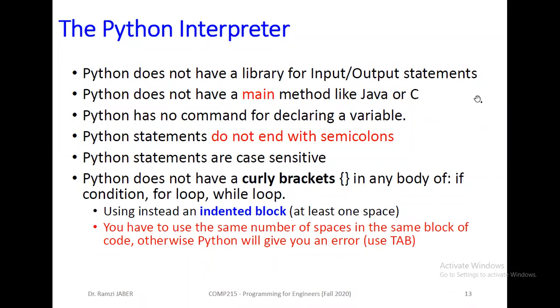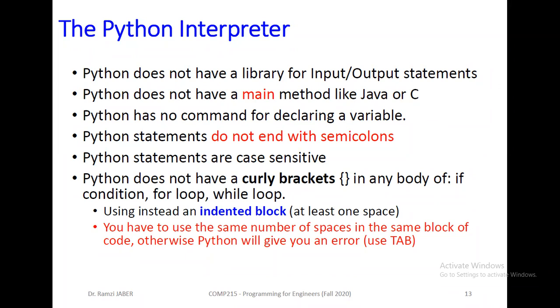In C you must write include, hash include stdio.h, then int main, open close parentheses, open close braces, return 0.